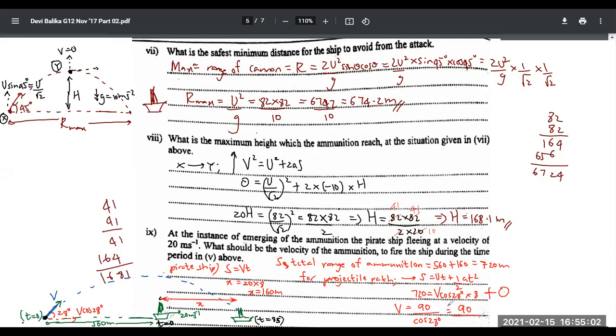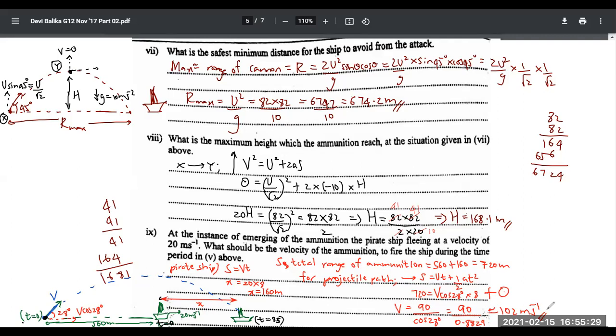How much is that roughly? 0.8829 roughly. Fine. So 90 must be divided by this, and when you divide 90 by that, we can assume the answer is roughly around 102 meters per second.